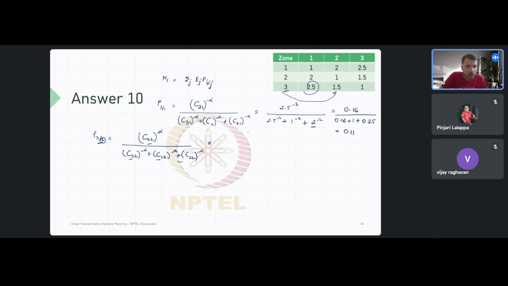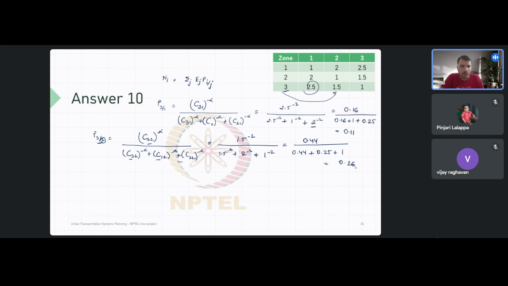So 3 to 2 is 1.5 power minus 2, plus 1 to 2 is 2 power minus 2, and 2 to 2 is 1 power minus 2. So this is 0.44 over 0.44 plus 0.25 plus 1, and this will be 0.26.